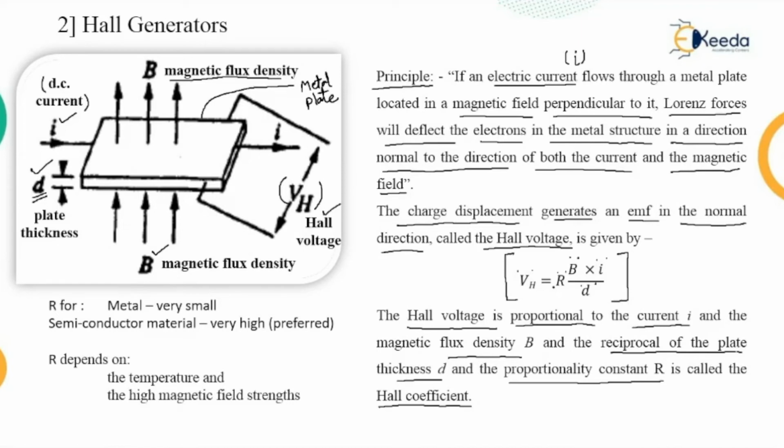This Hall coefficient for metal is very small, and generally semiconductor material is preferred, and therefore the value of that Hall coefficient is high.